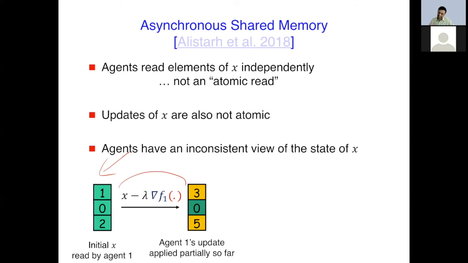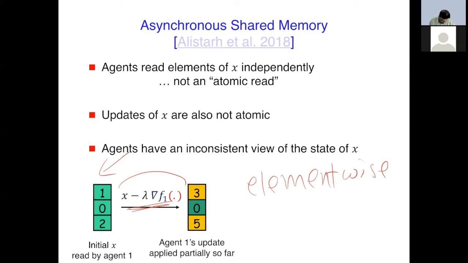In the shared memory setting, you have to visualize the agent not sending the gradient to anybody, but actually performing this operation element-wise. Just the same way I read things one element at a time, this operation requires the agent to update one element of the vector at a time.